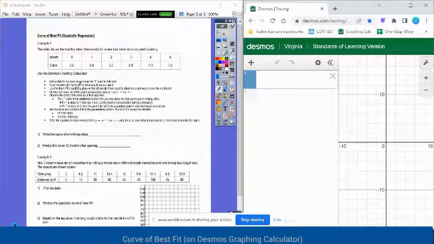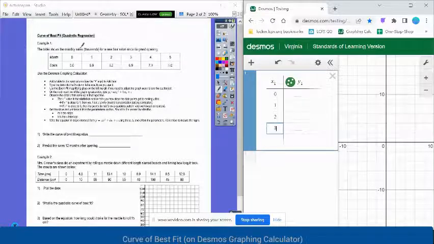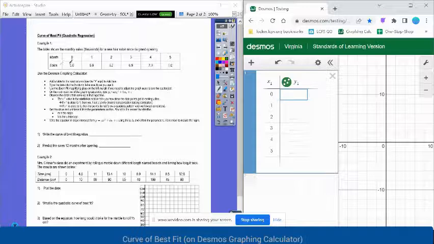So the steps for putting it into the graphing calculator are almost the same. We're going to insert a table with that plus sign and type in those x values like we see them. So my months, my time, are going to be that independent variable. And then my y values are the dependent variable.